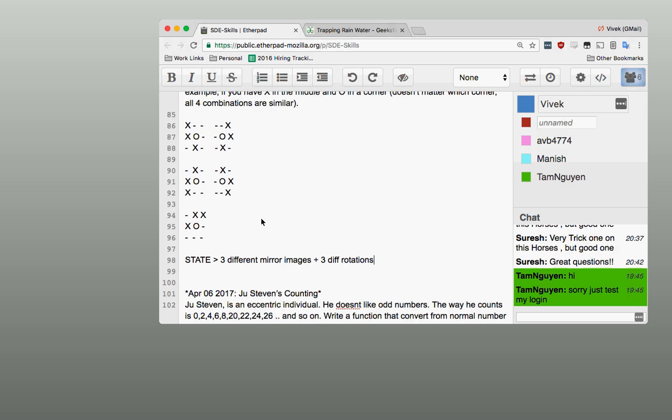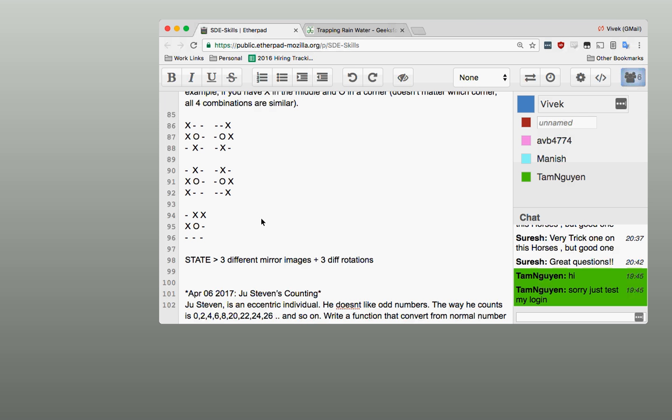Sure. Let's figure out how to match it later, but first let's figure out if we have considered all the cases. What about you, Tarun or Manish? What do you guys think? Are we at 6 cases? Is that all we need? 3 different rotations and 3 different mirror images. Are we done? I'm just thinking. Take your time.